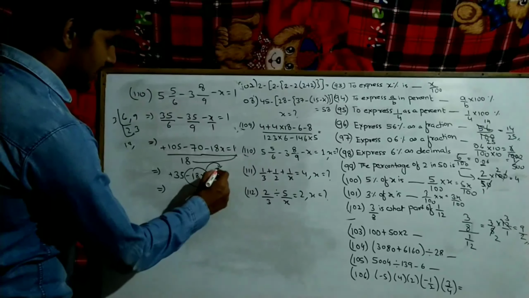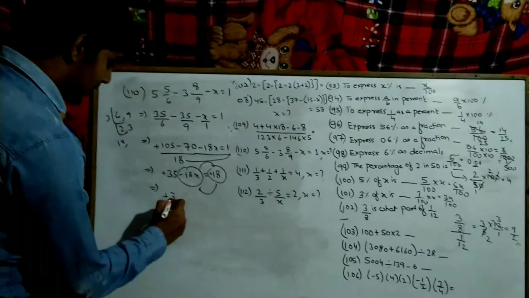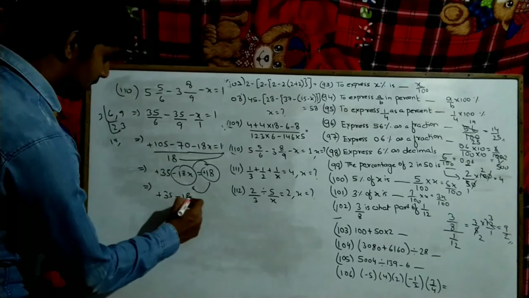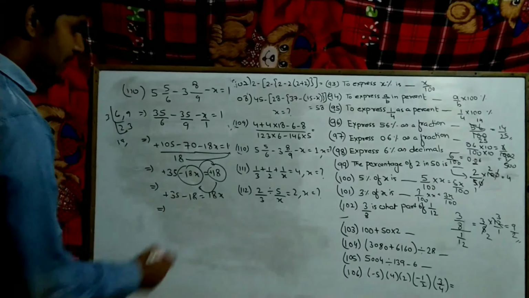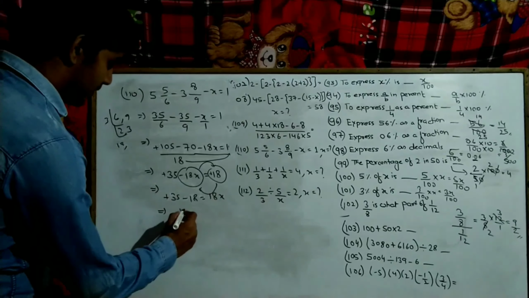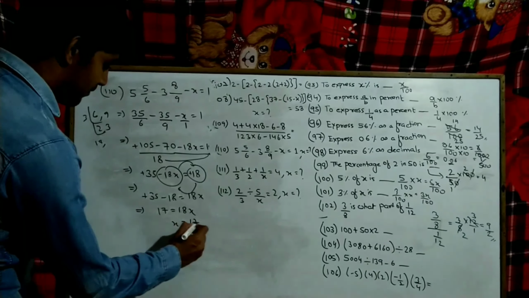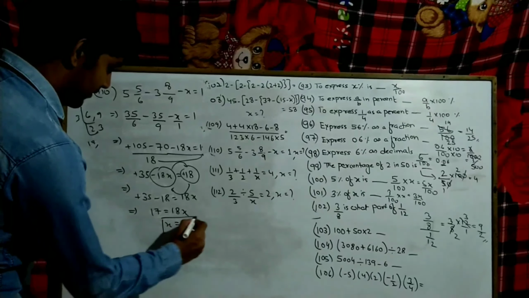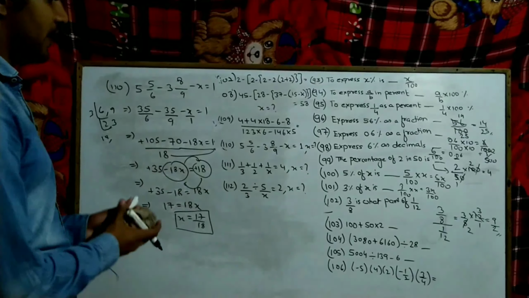This part send here and this plus will come that side. So plus 35 minus 18 is equal to 18x. Okay. So 35 minus 18, 17. 17 is equal to 18x. So x is equal to 17 by 18. Okay. Clear everyone? Now let's go for 111 problem.